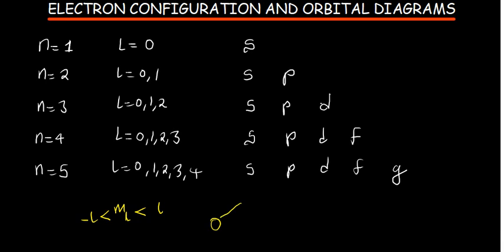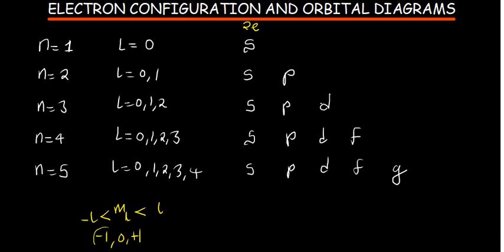When you have got 0 only, this means you only have one orbital. And we said one orbital can have a maximum of 2 electrons, meaning that the s orbital can only have 2 electrons. When L is equal to 1, this is what we call the p orbital. So when L is equal to 1, ML, the magnetic quantum number, is going to be from negative 1 to positive 1.